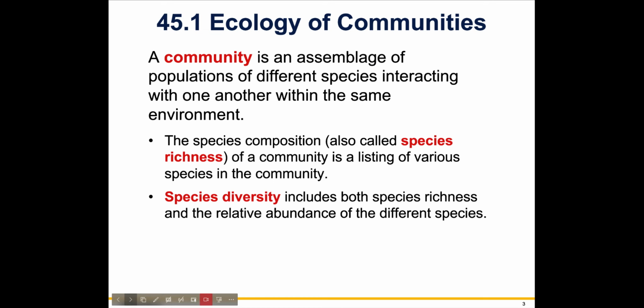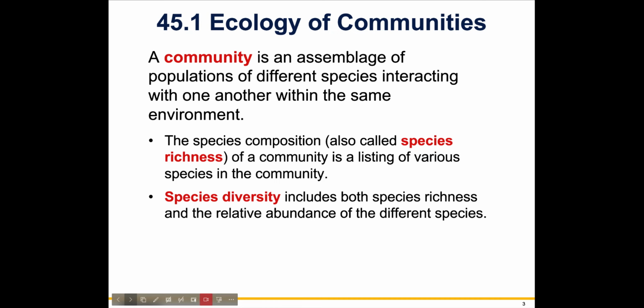So the first thing is, what is a community? A community is a bunch of populations of different species interacting with one another in the same environment, the same place at the same time. And then we need to be able to know what sort of species are there.